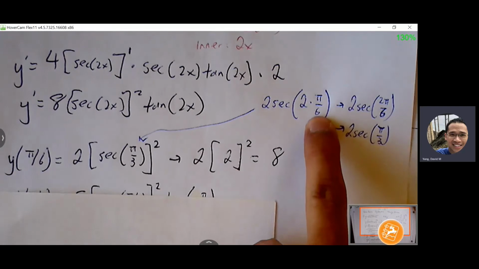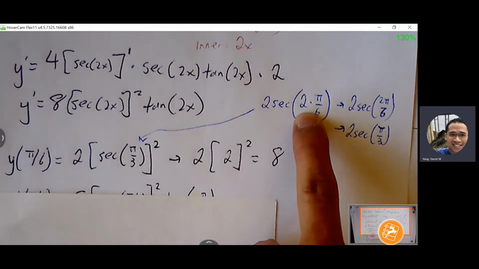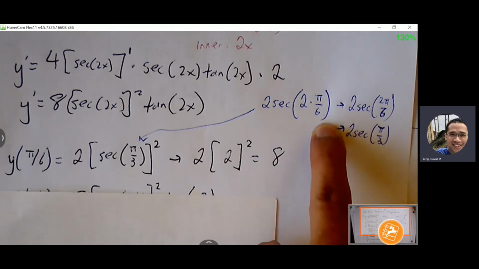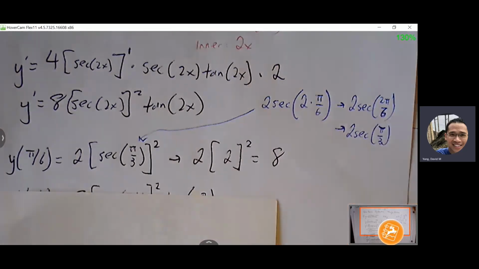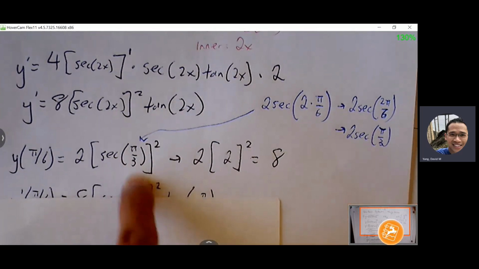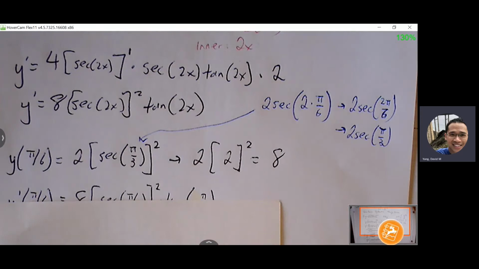So if I insert pi over 6 into secant of 2x, that 2 times pi over 6 will multiply to be 2 pi over 6, and 2 pi over 6 reduces to pi over 3. And that's why all the radian measures convert to be pi over 3, because that 2 in front multiplies with that pi over 6.